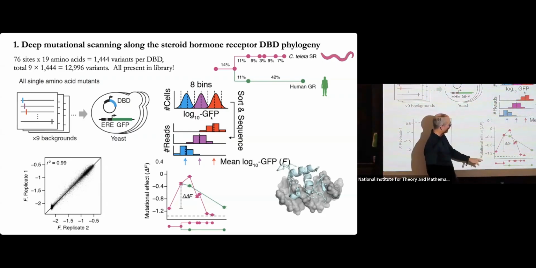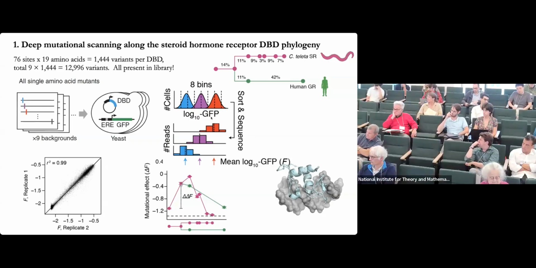And this is for a given mutant: in this background, that mutation is very deleterious. In this background, it's slightly deleterious. In this background, it's slightly advantageous with respect to function. Okay? Oh, it is slightly advantageous.